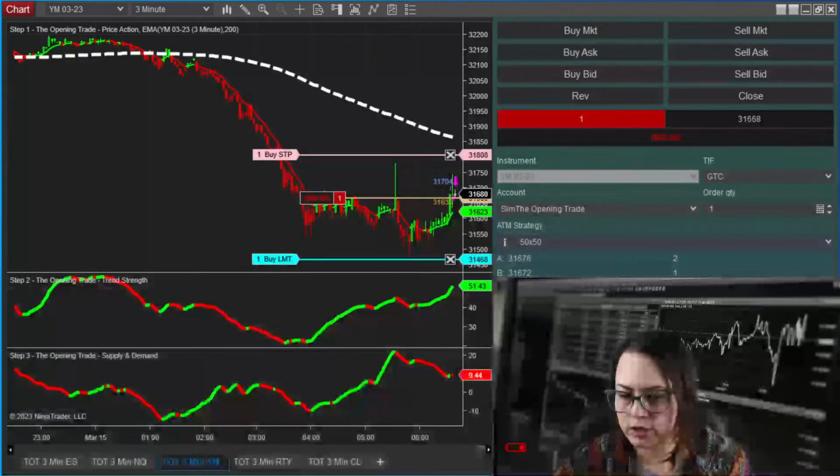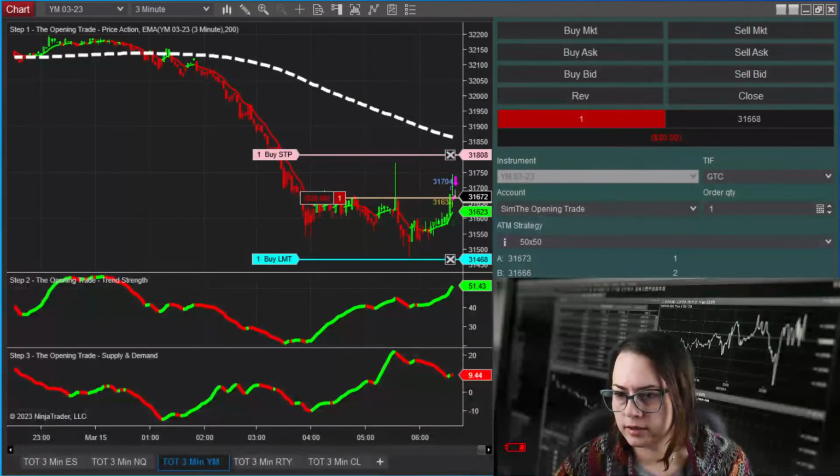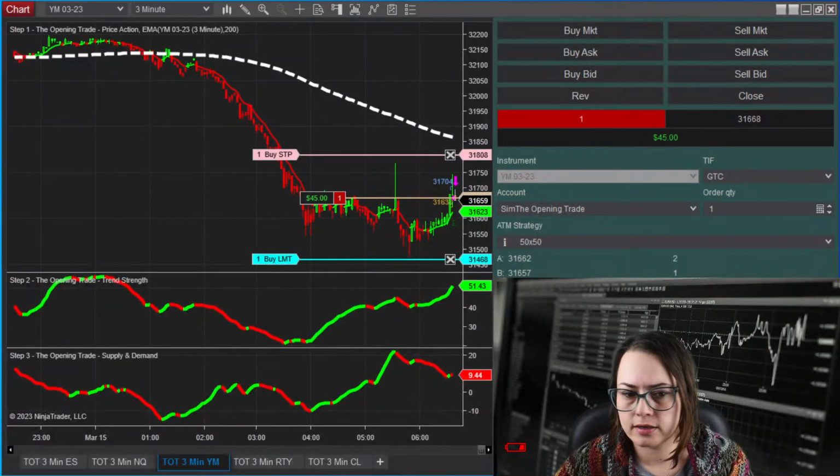So we know that we're in an automated trade right now. It is on the Dow futures.